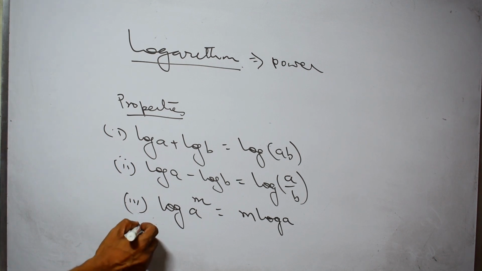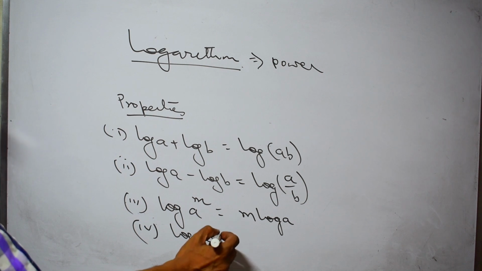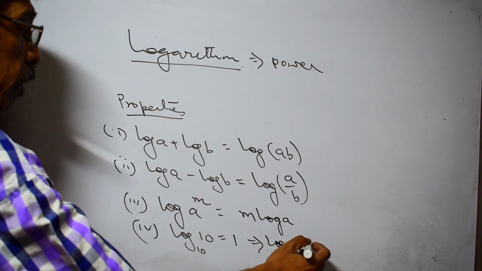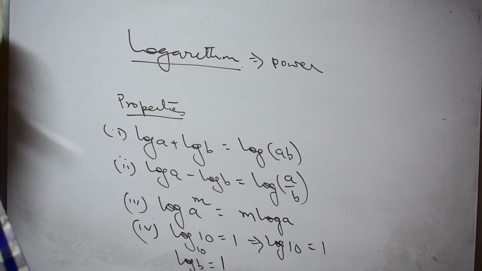Two more very basic properties are there. Log 10 to the base 10 is 1. That means if I write log 10 only, it will be 1 because the base is normally 10. And if I take log of any number to the same base, that is log b to the base b, then also it is 1.